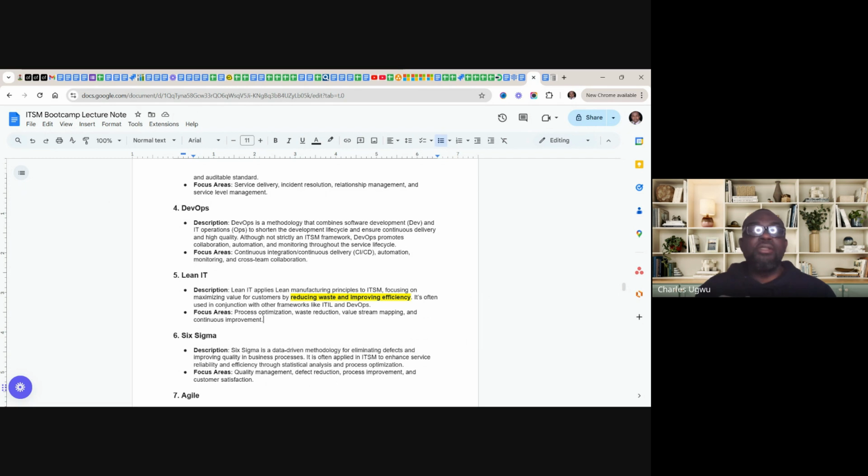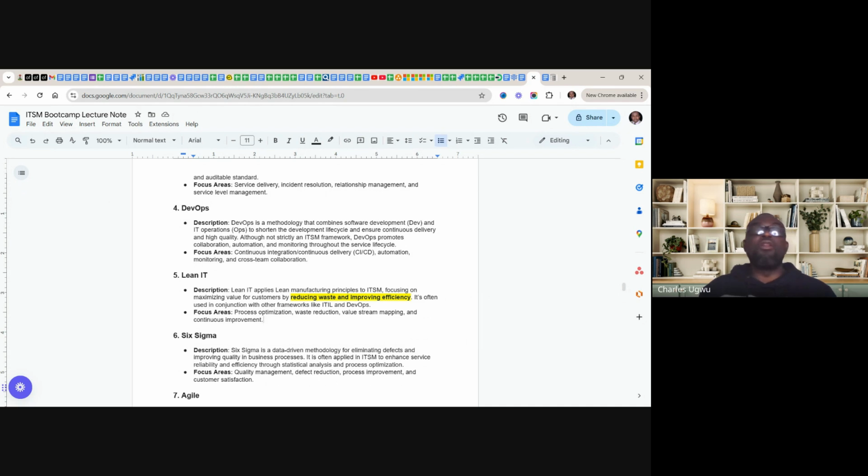When we talk about waste, we are not talking about industrial waste. We're talking about other waste, like waste of time. When employees spend a week trying to work on a process, and when you get that process automated, within one hour it's done. You see, this is Lean in action.